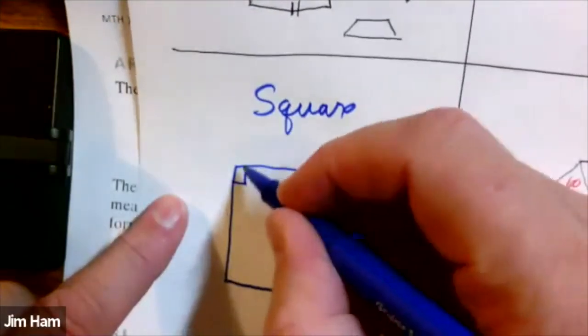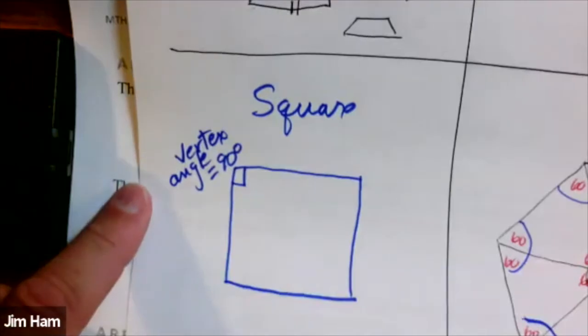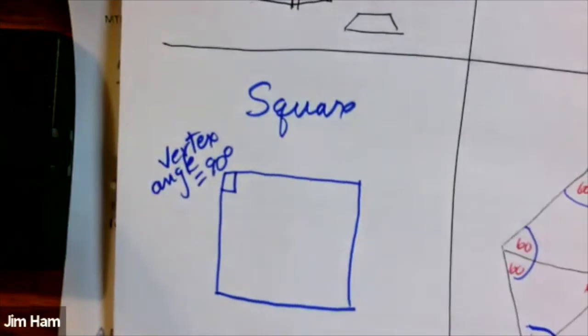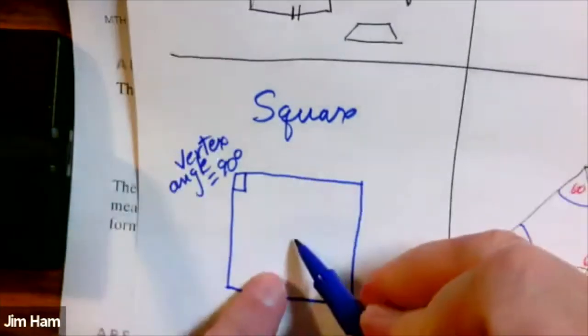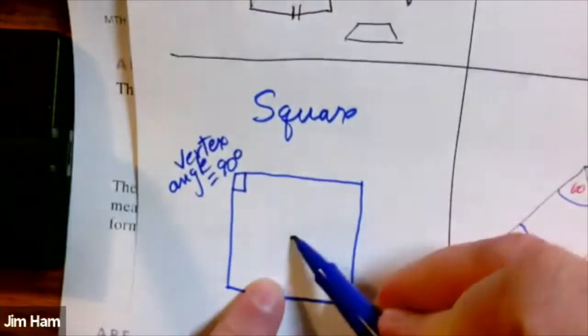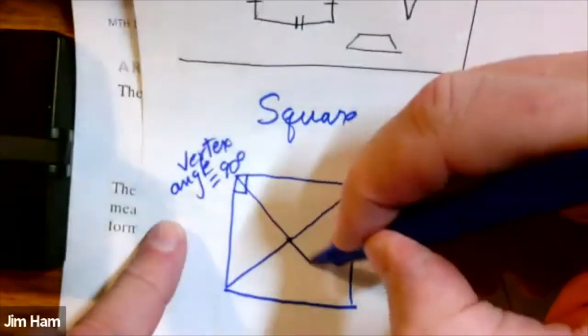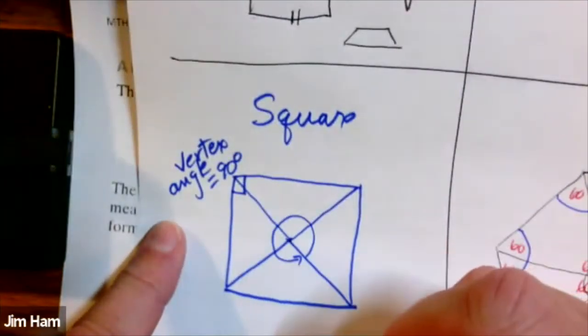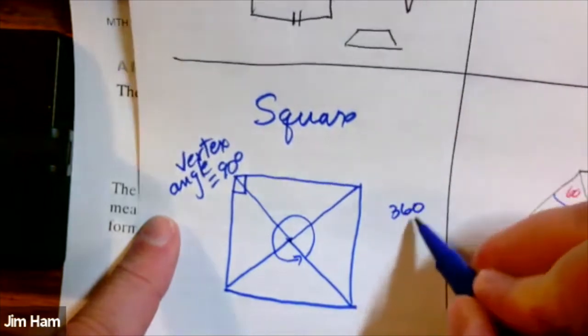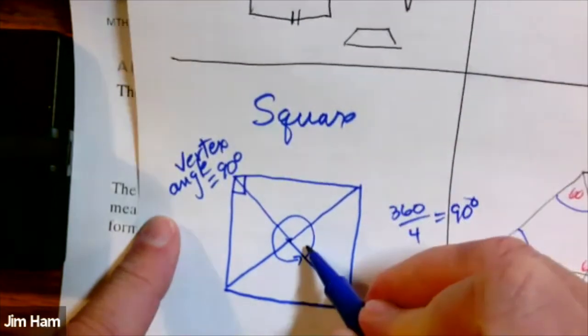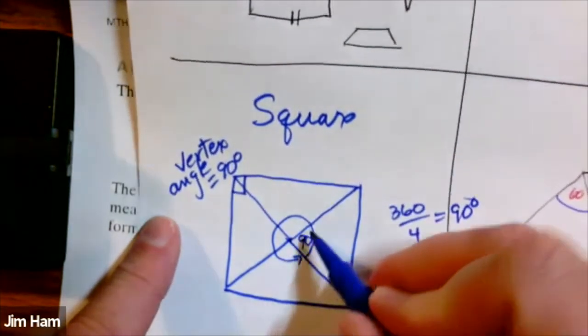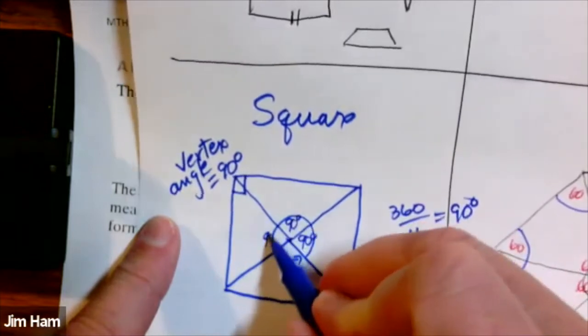The vertex angle is 90 degrees. We know that in the corners there, those angles are 90 degrees. If you do the central angle and you put a dot in the middle, you have 4 equal angles in the middle, 1, 2, 3, 4, and that has to make up 360 degrees. So those central angles here are also 90 degrees, and they even look like right angles.